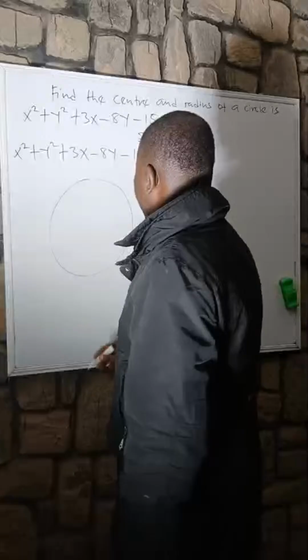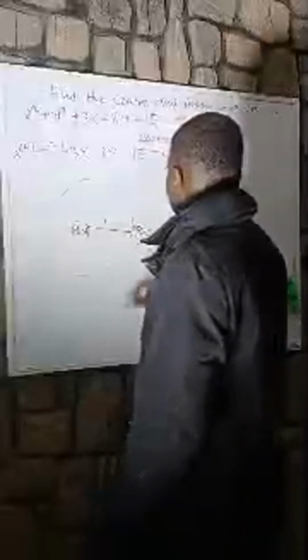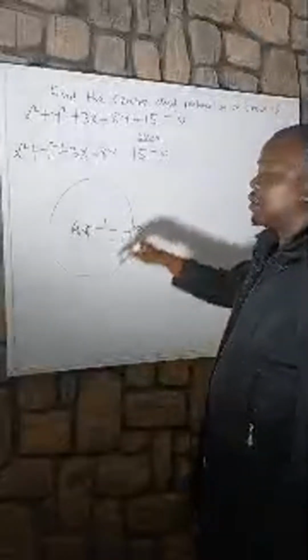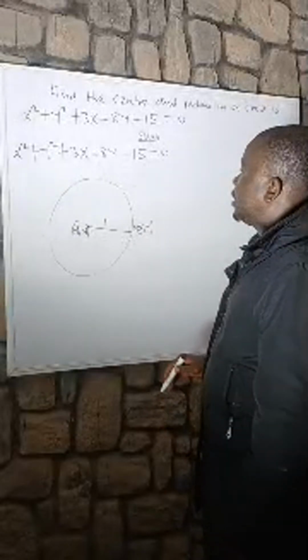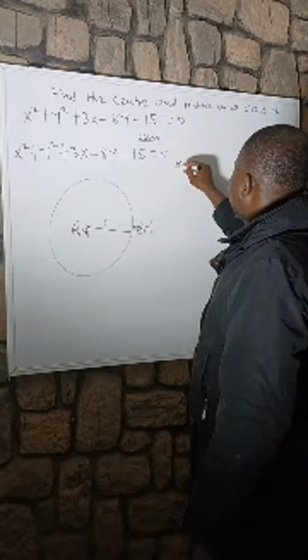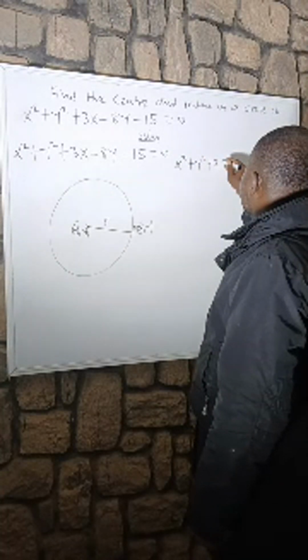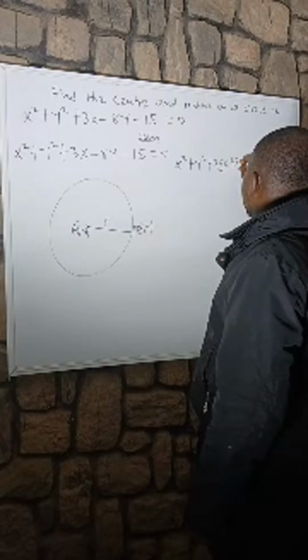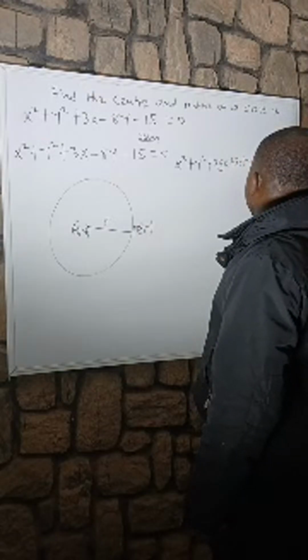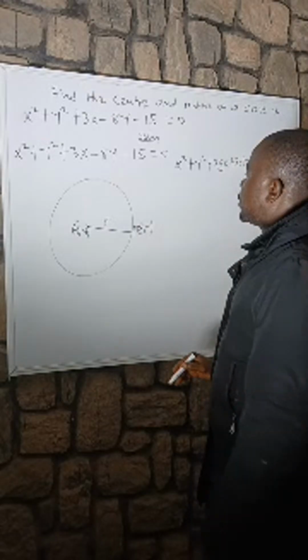Let's recall the general equation of the circle: x squared plus y squared plus 2gx plus 2fy plus c equals 0.